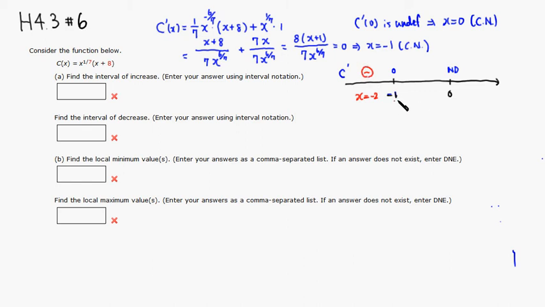Between -1 and 0, I'll try x equals -1/2. That's going to be positive, and this is going to be positive, so everything is positive here. Anything bigger than 0, I'll try 1, and everything is positive.